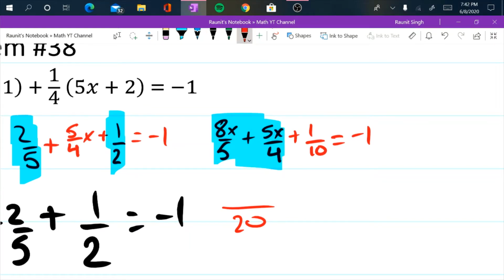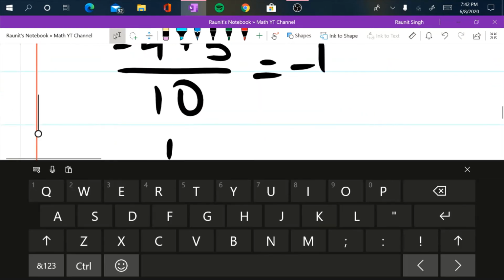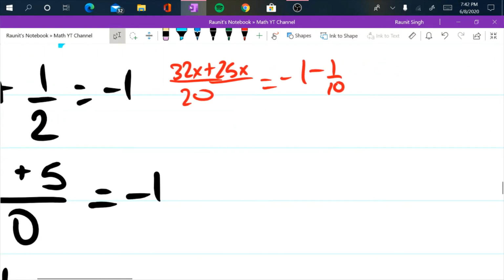And then we're going to do 8 times 4, 32x, 5 times 5, 25x, is equal to -1 minus 1 over 10, and then you can just multiply it with 20 right now, and then, oops, so 32 plus 25, what is that?